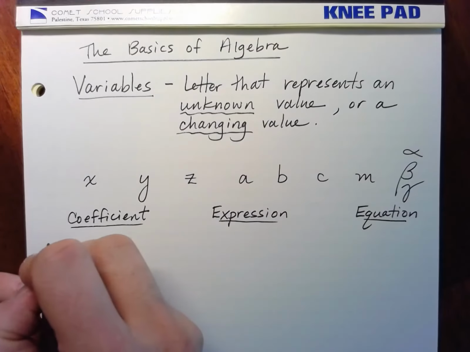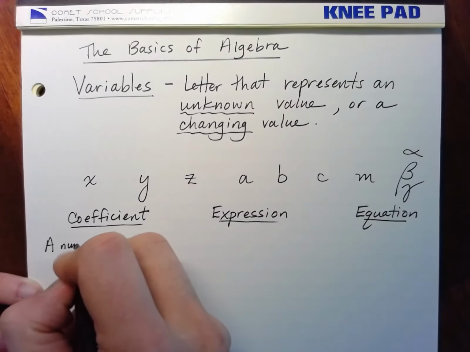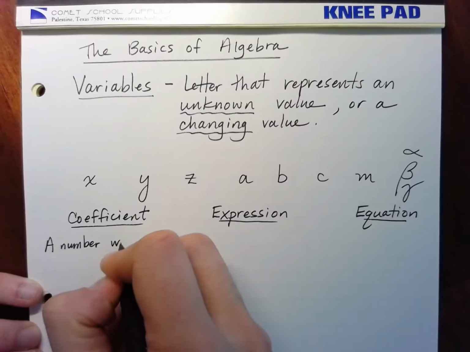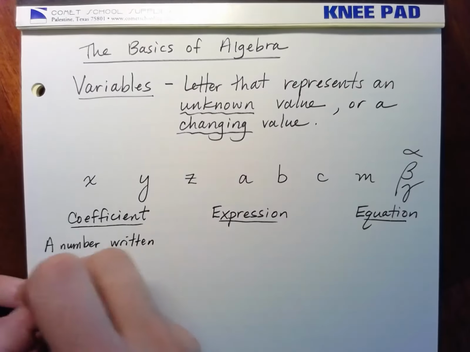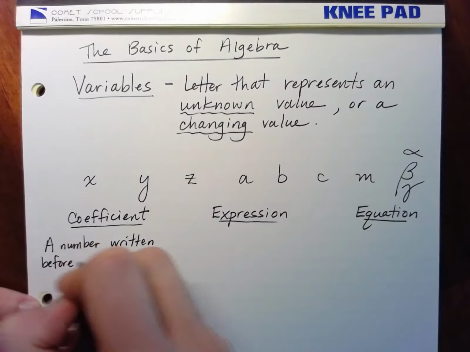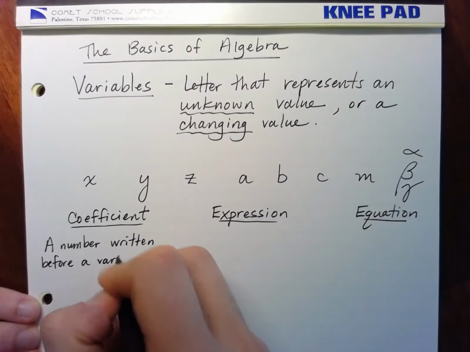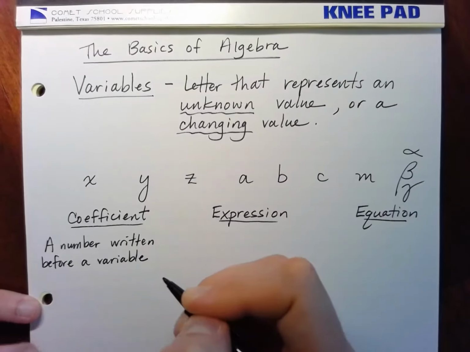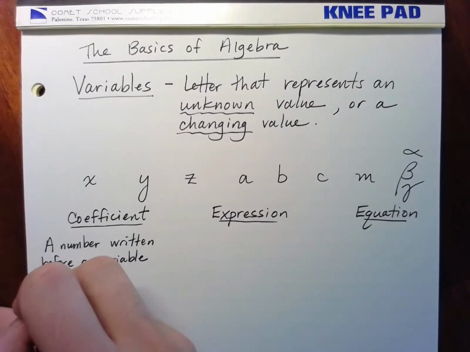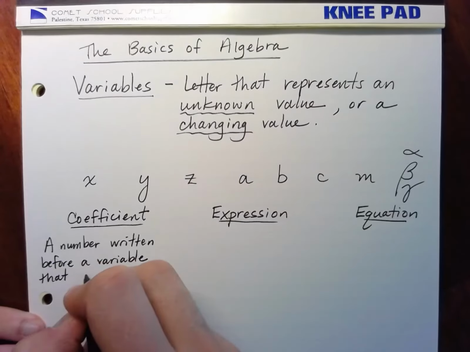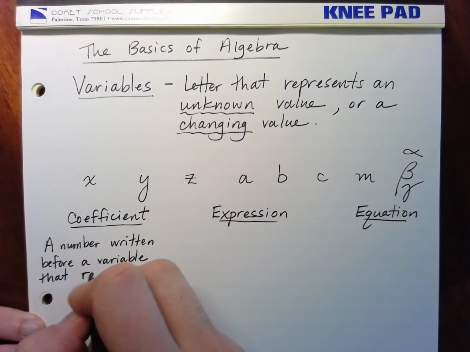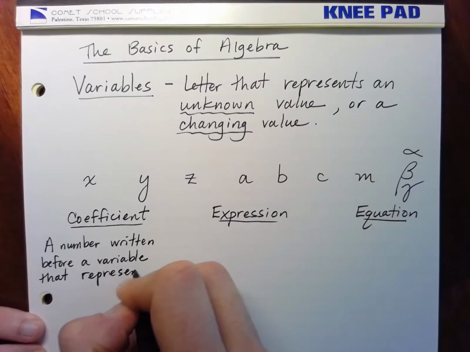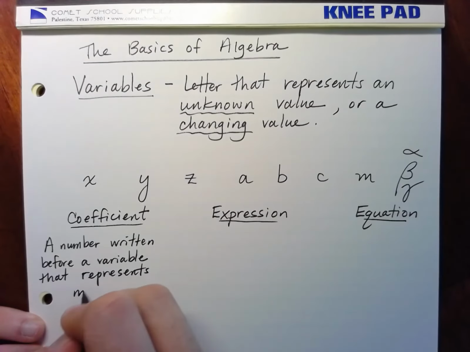A coefficient is a number written before a variable that represents multiplication.